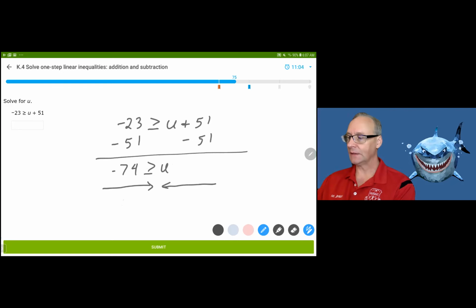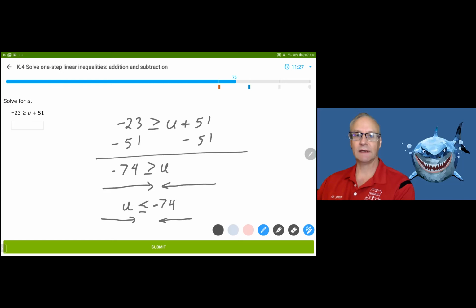And one way of thinking about it is that the arrow needs to be pointing at the same person or the same direction or the same side. Reading this direction, u is less than or equal to negative 74. Reading this direction, negative 74 is greater than or equal to u.